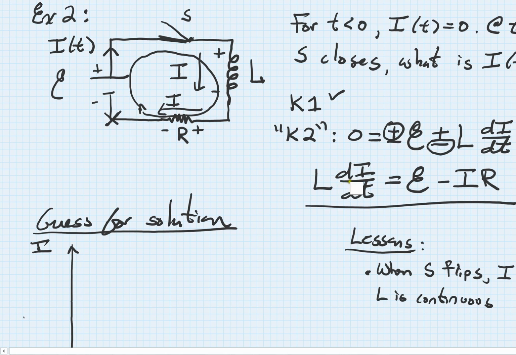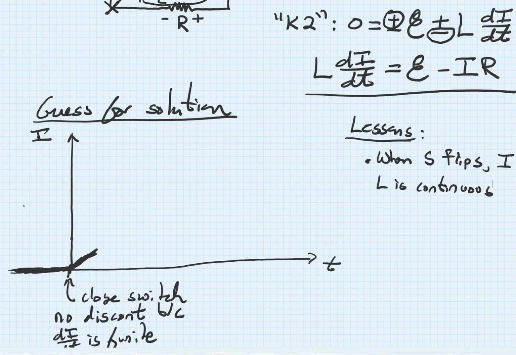And if that vanishes, that means this side of the equation is 0, and then we can solve for the current very easily. We just have 0 equals E minus IR, or E equals IR, where I, the current, is the EMF E divided by the resistance R.